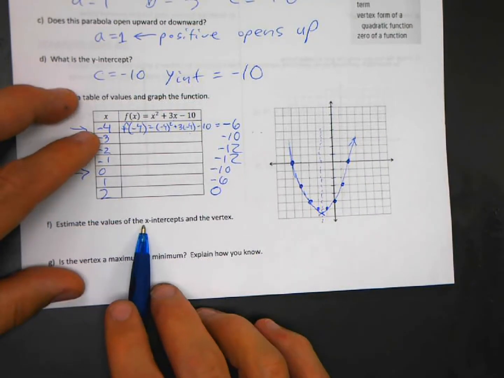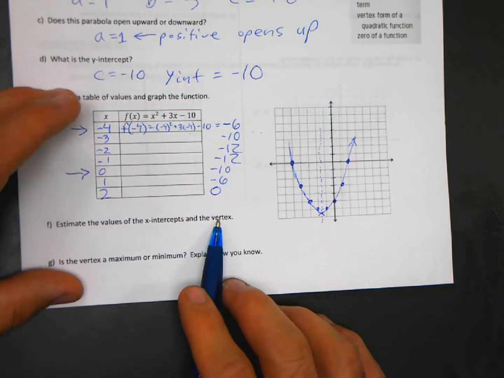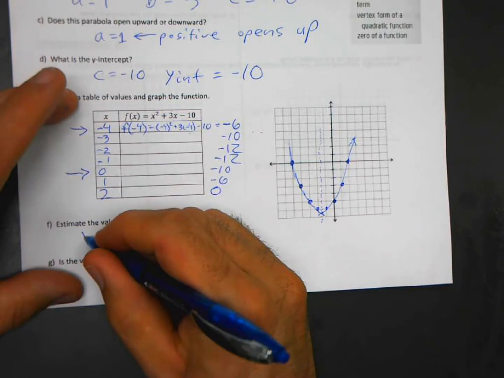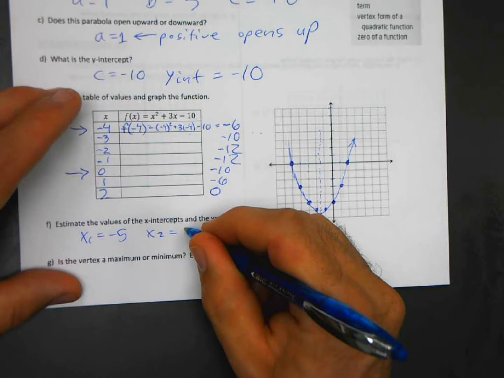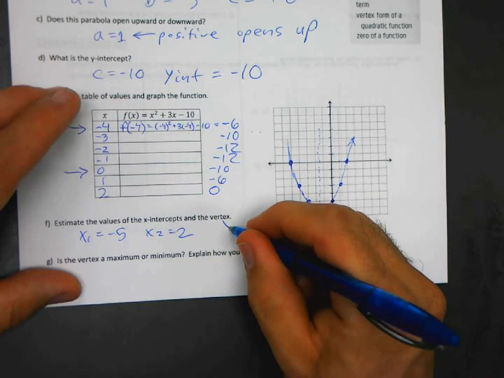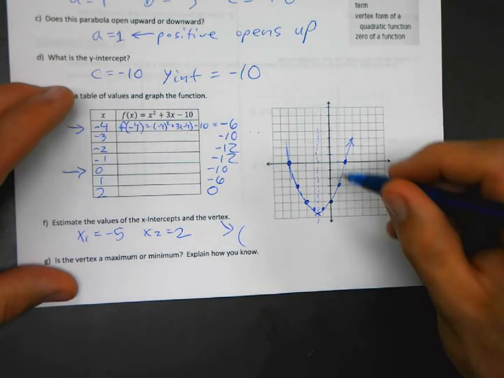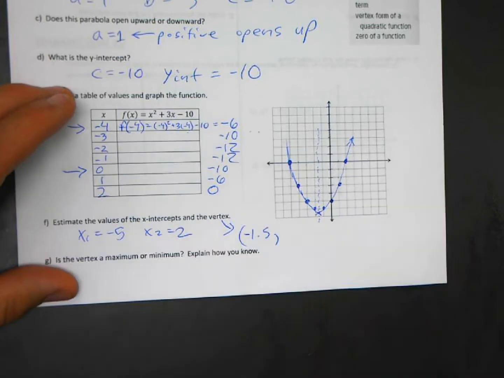Okay, estimate the values of the x-intercept and the vertex. Well, the x-intercepts are negative 5, and the second one is 2, and the vertex is going to be at, well, we know this one is negative 1.5, comma.